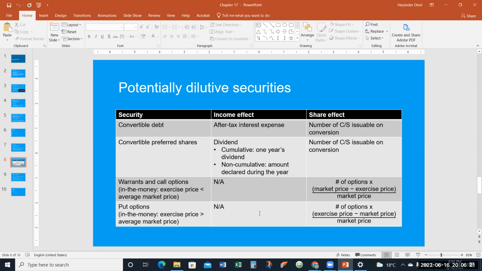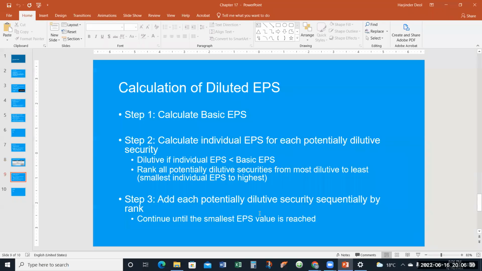So I don't have to come up with every specific variety, but usually what you should expect is there would be an option, there would be a convertible bond, then there'll be a convertible preferred shares. If you are prepared for all 3, you'll be in a good space, right? So you got to calculate the individual earnings per share for each of the potentially dilutive securities.